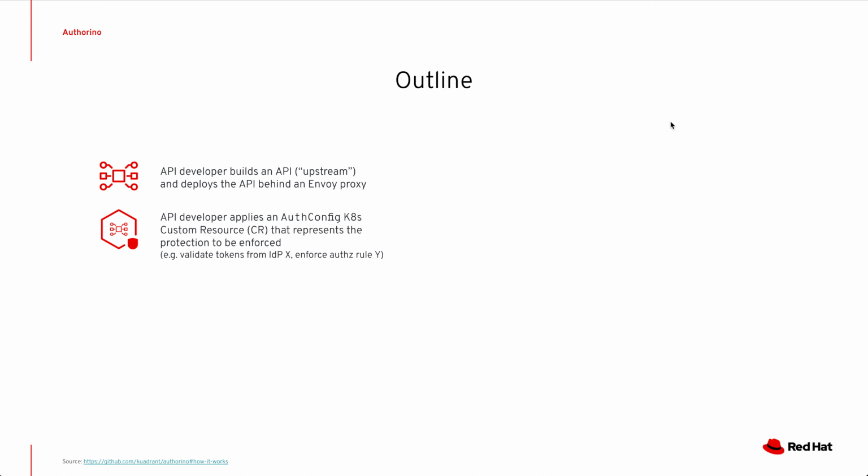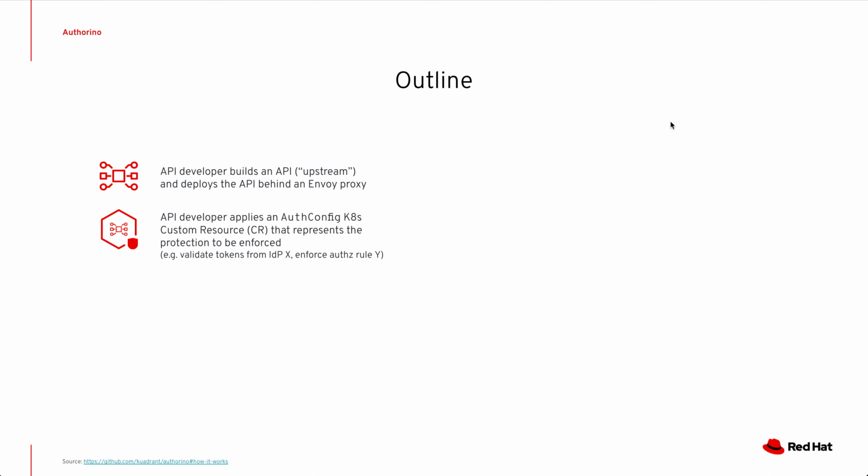Next, the developer applies to a Kubernetes cluster running Authorino an AuthConfig Kubernetes custom resource. This custom resource states a recipe, so to speak, of identity verification and authorization steps to be enforced on every request sent to the protected API.